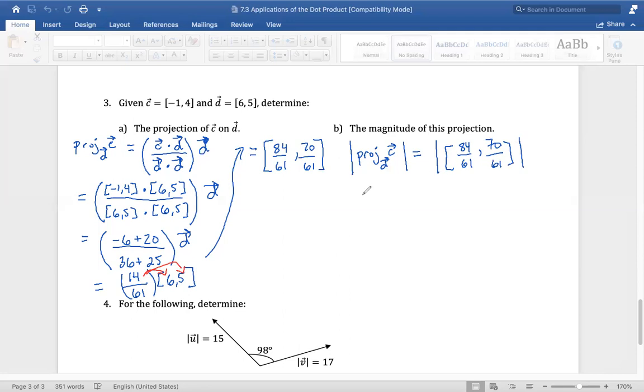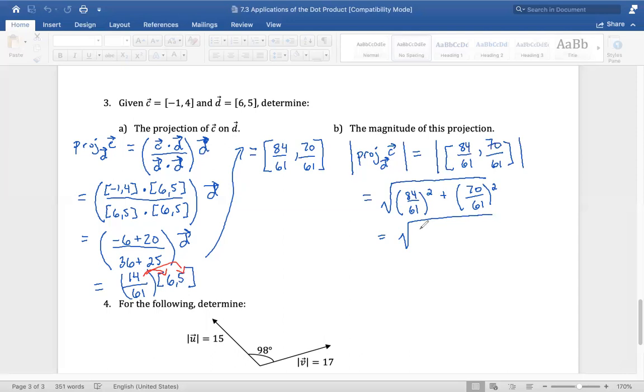So to get the magnitude, I'm getting my length, right? So I have to do here kind of a large absolute value sign of this value squared plus this value squared. So again, 84 over 61 squared added to 70 over 61 squared. So I will do those parts for you, just double check, right?